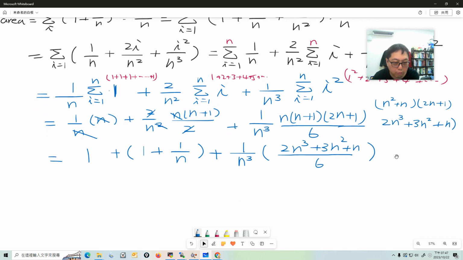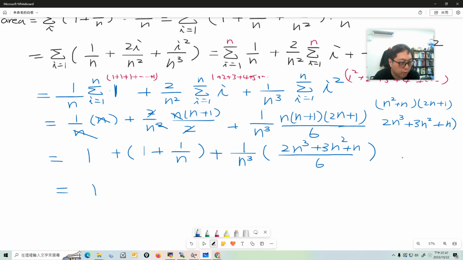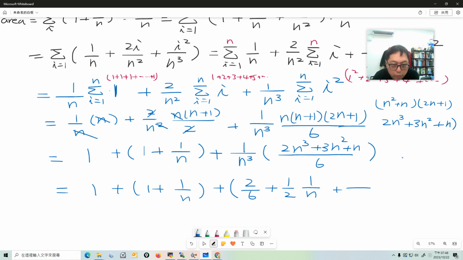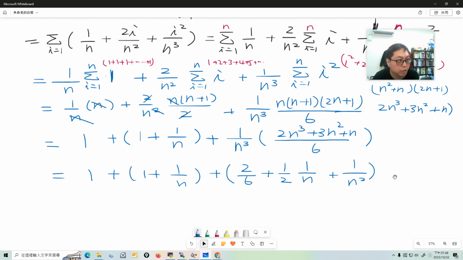Okay, so I think we are approaching the answer. So it's 1 plus 1 over n, and this will become 2 over 6 plus 1 over 2n, and this is squared, so this will be 1 over n squared. Okay, I think we reached the answer.